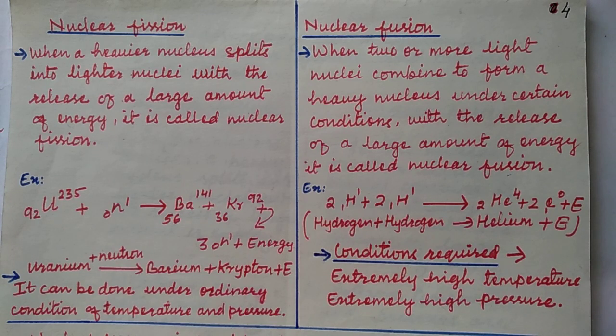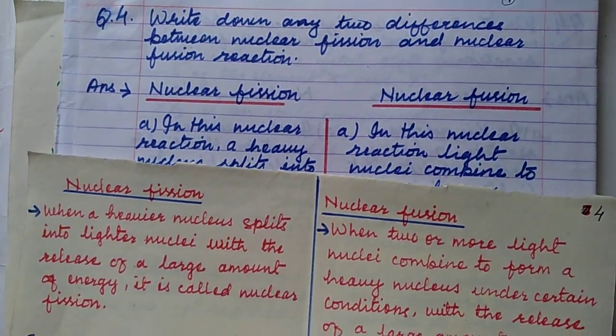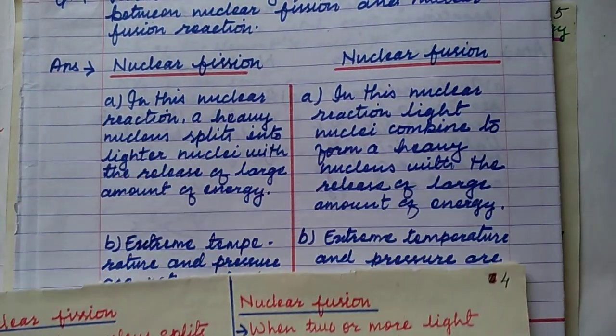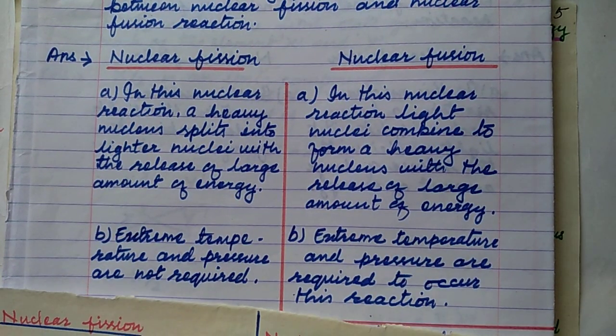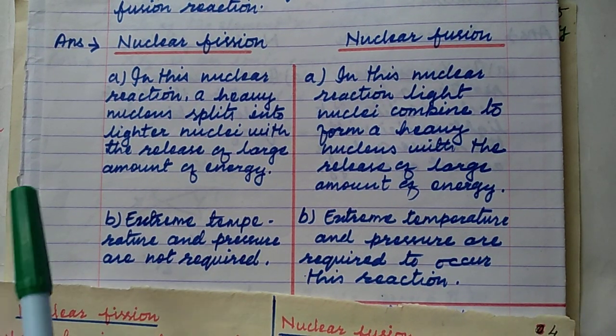Okay, so these are the nuclear fusion and nuclear fission reactions, and we can see the differences between them. Sometimes it is asked in the exams: two differences between nuclear fission and nuclear fusion.